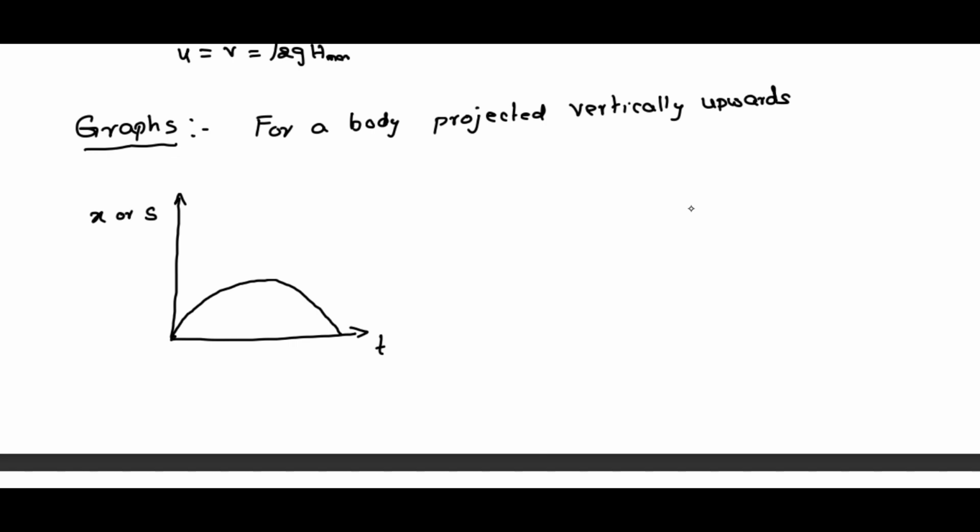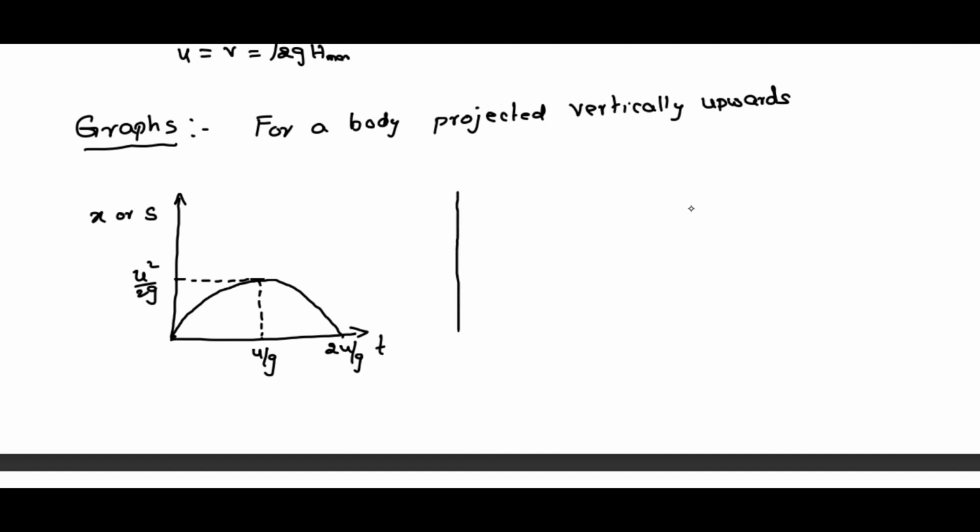Finally, the position or displacement is 0. When it is reaching the maximum height, that is u square by 2g at the time of u by g, and at the time of 2u by g, it is reaching the same point.